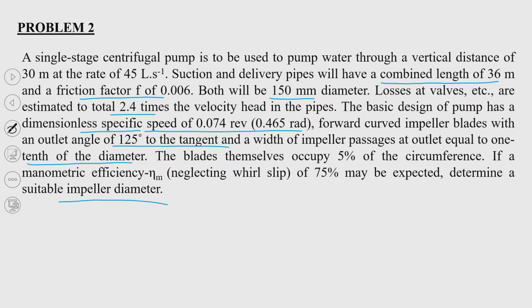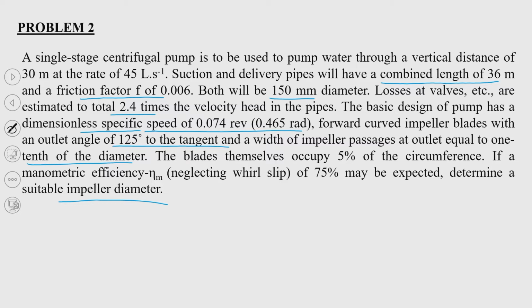This is a very important statement we should look at: neglecting wall strip at the inlet. We really cannot trivially ignore the wall strip at the outlet. When you are solving any particular problem, you should have a physical feel about the problem.